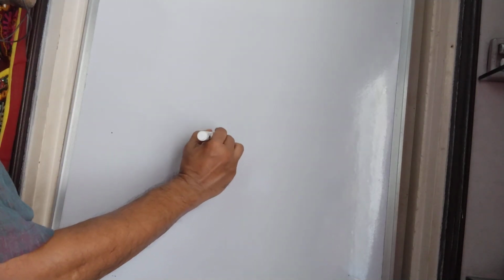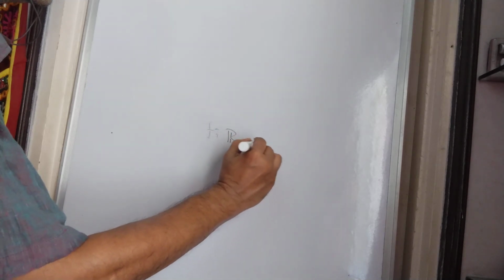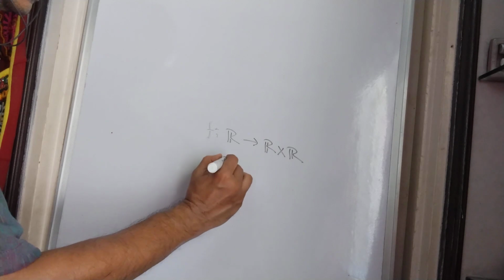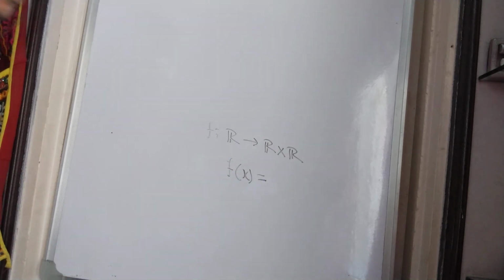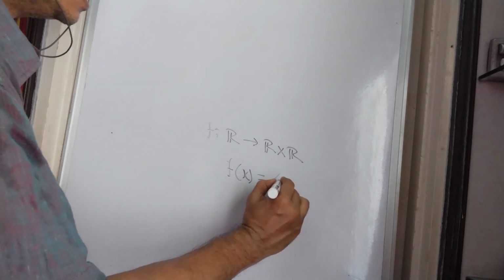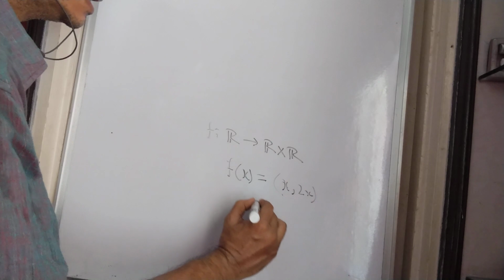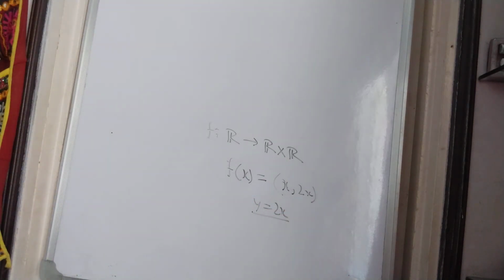So if we map the set R to its Cartesian product R cross R like this, any integer x is mapped to this point (x, 2x), we know that this represents the straight line y equal to 2x.